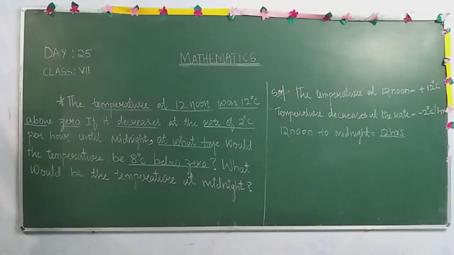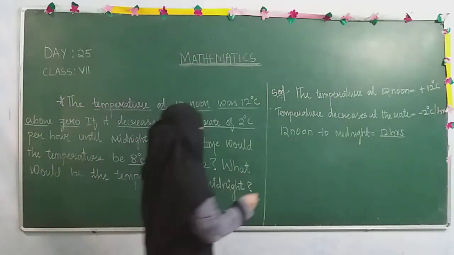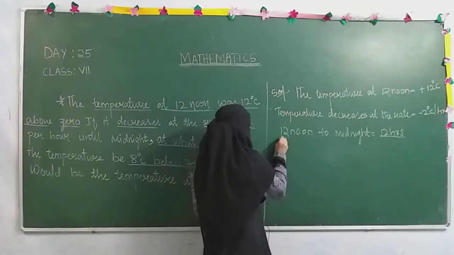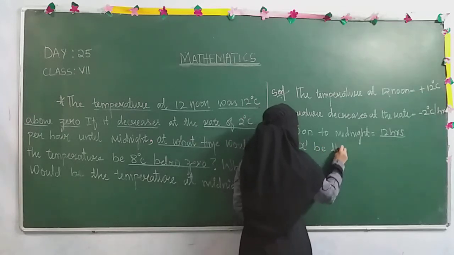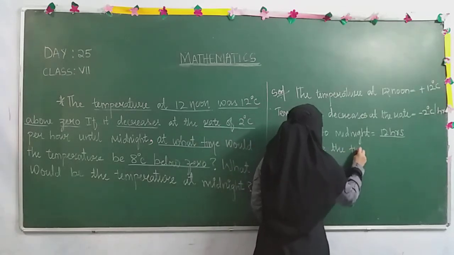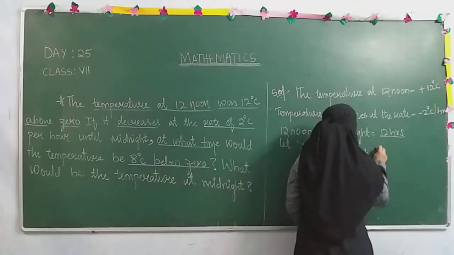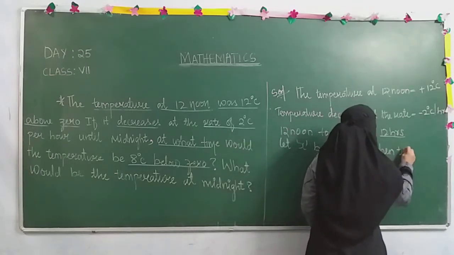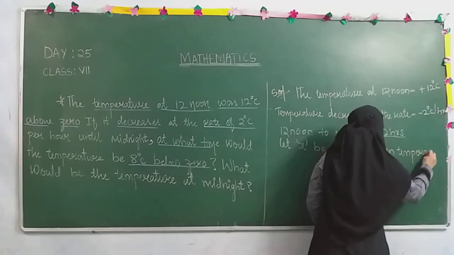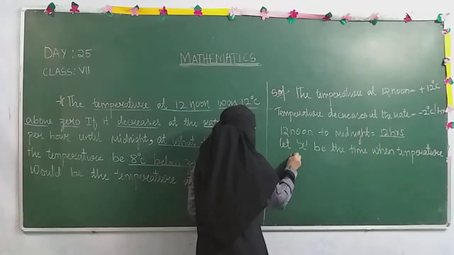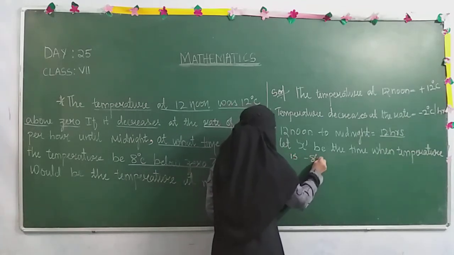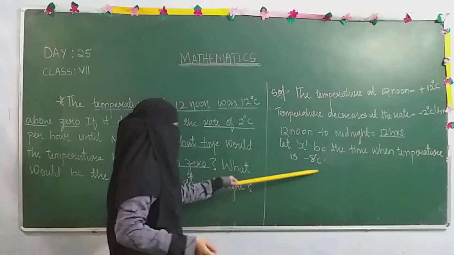So we are going to take: let x be the time when the temperature decreases to minus 8 degrees centigrade. Why have I written minus 8 degrees centigrade here?